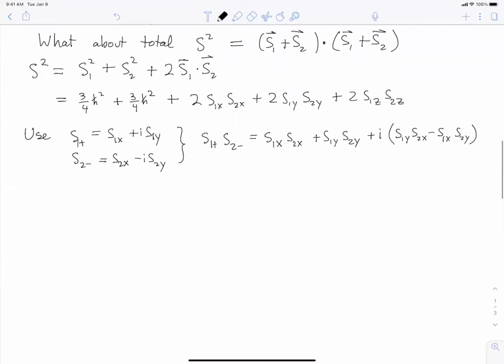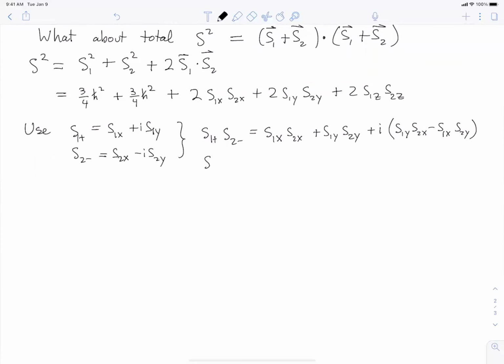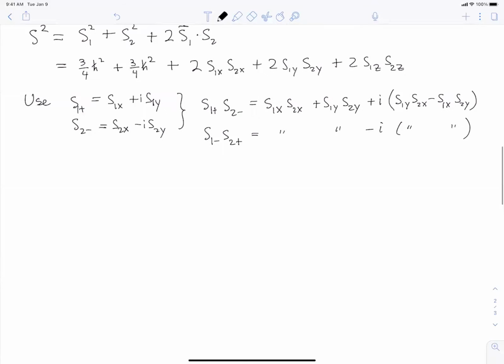So that's kind of a mess, but now if we do the same thing, but with pluses replaced by minuses everywhere, then we'll get the same first two terms, and the plus and minus just changes the signs in front of the i terms. So this will give minus i times the same thing. And so what that's telling us is when we add those two things together, we get something nice, namely S1 plus S2 minus plus S1 minus S2 plus is exactly what we want in the S squared equation, namely this.